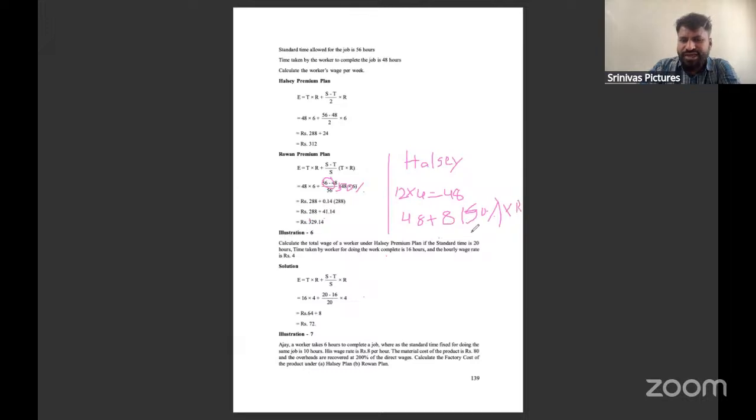So total out of 8 hours is working 50% means that is 4 hours. 4 hours into rate is equal to how much? 4 rupees. So 4 into 4, 16 rupees. 48 plus 16 is equal to 64 rupees is going to be received.